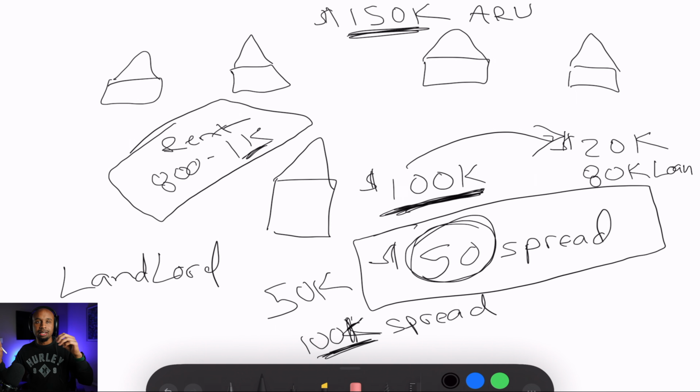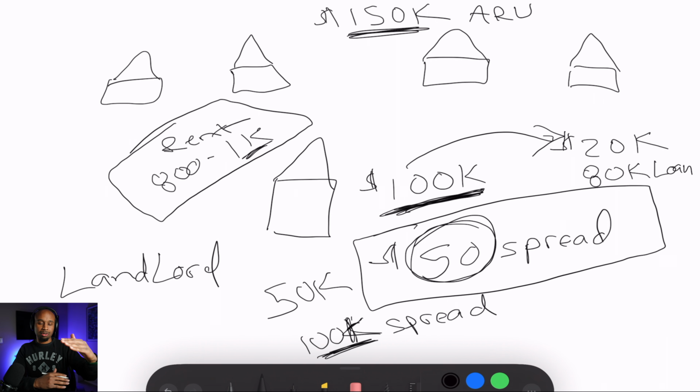In each of the different suburbs of the city, they have houses selling for 300, some 250, some 200,000. My area is cheap compared to New York or Colorado or California and some parts of other areas. But in my area, the spread has to be at least 70K for me to say, okay, this is a great deal. I need to really pay attention to this.